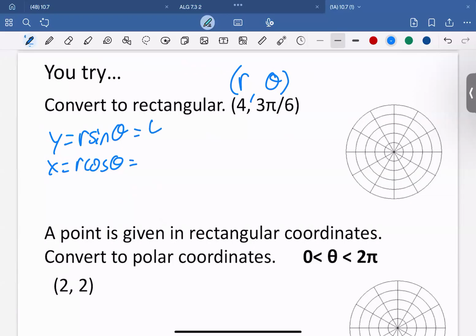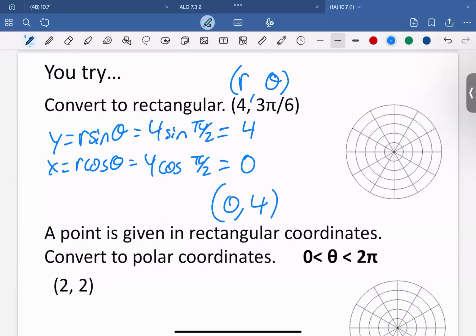Plug in our r, plug in our theta. 3 pi over 6, let's simplify that, that would be pi over 2. Super simple angle for us. Sine at pi over 2 is 1, so we get 4 times 1, which is 4. Cosine at pi over 2 is 0, and 0 times 4 is 0, so we end up with a coordinate of 0, 4.